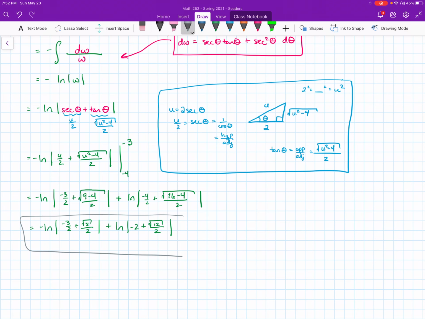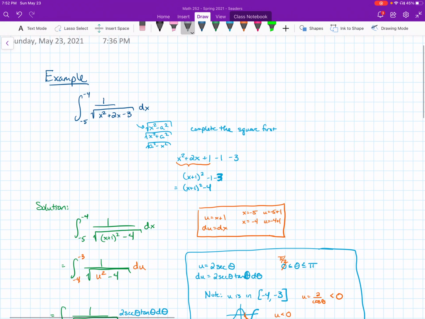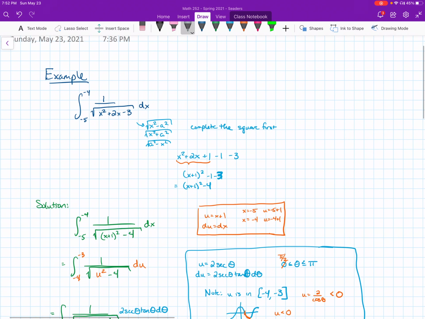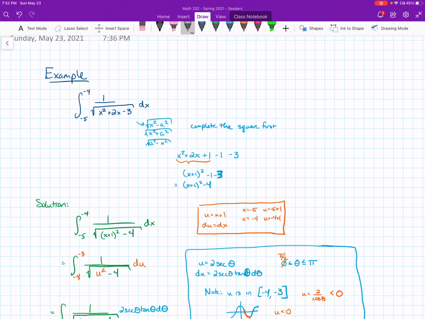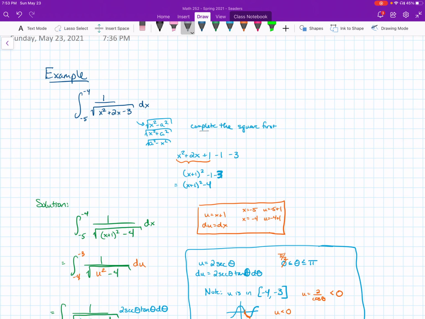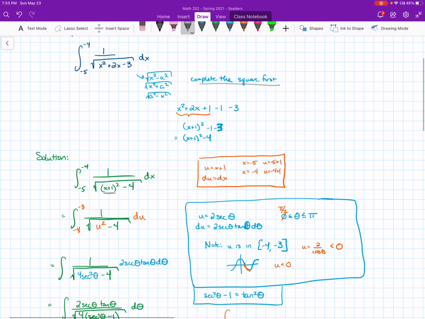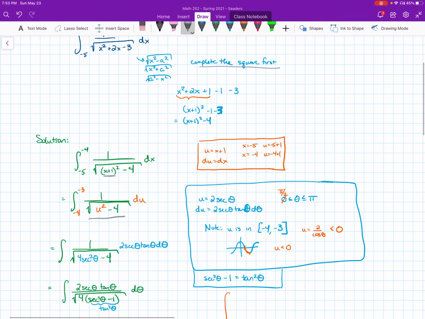In summary, we had several steps here. This was a very interesting example. We completed the square so that we could see we needed a trig substitution. That was the first thing we did. And then we did a u substitution for the x plus 1 so that we could see that this truly was a trig sub integral.